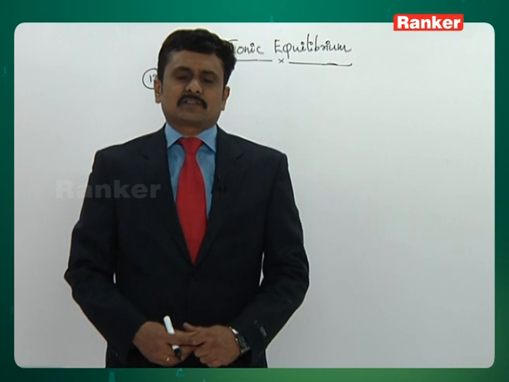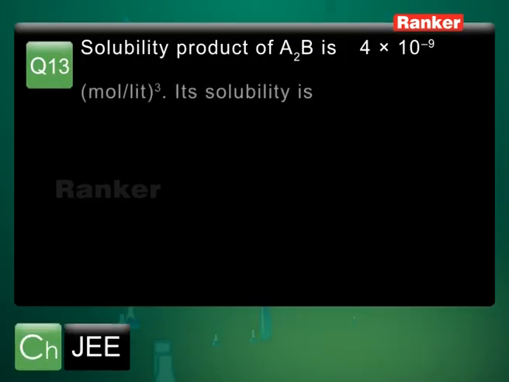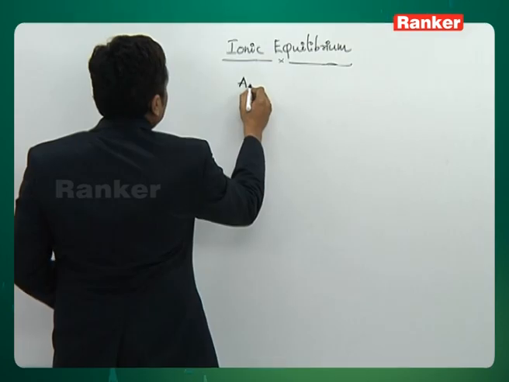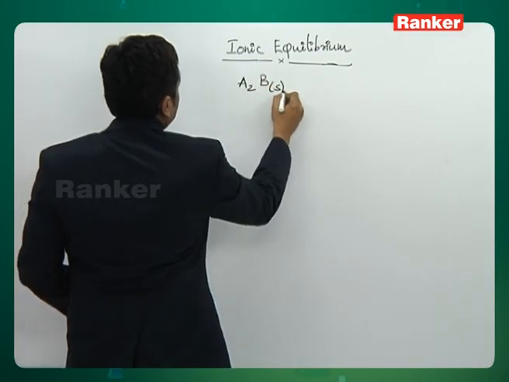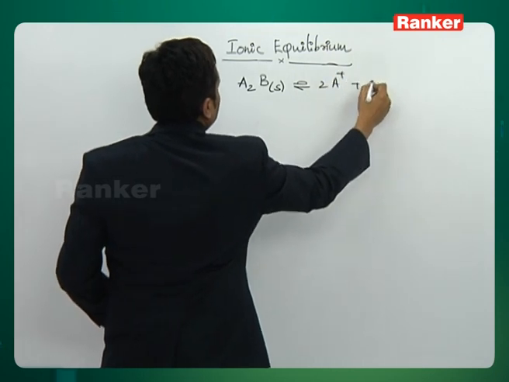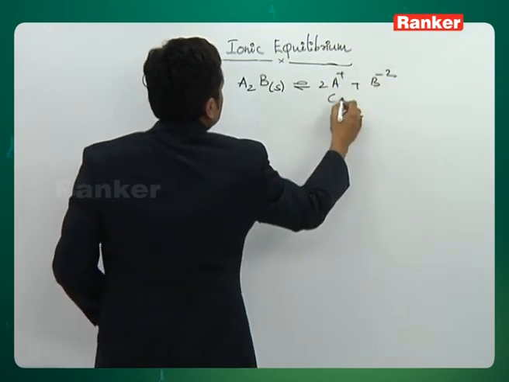The solubility product of an insoluble salt A2B is given as 4 into 10 to the power minus 9 mole per liter whole cube. Then its solubility is being asked. Now we have the insoluble salt dissociating as I just specified, 2 moles of A+ and 1 mole of B^2-.